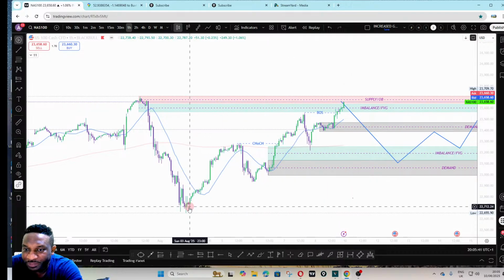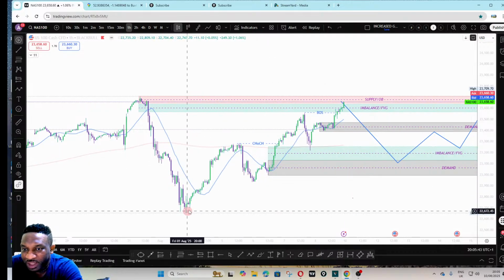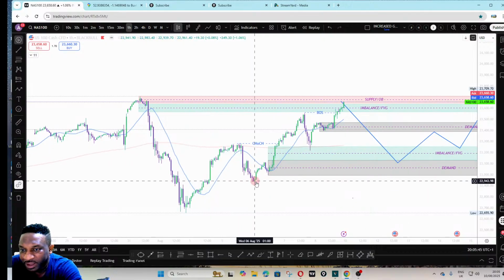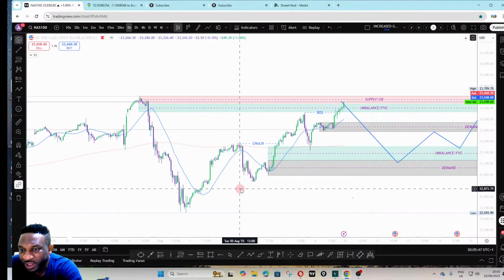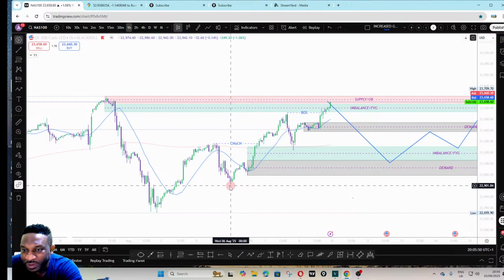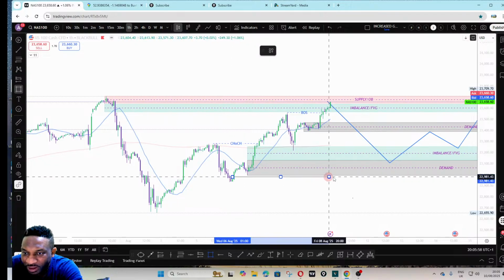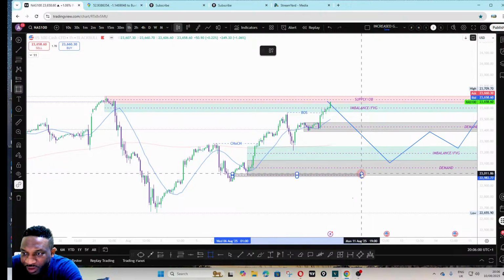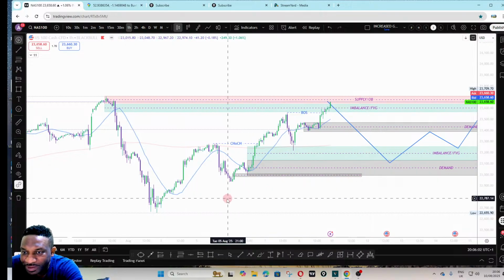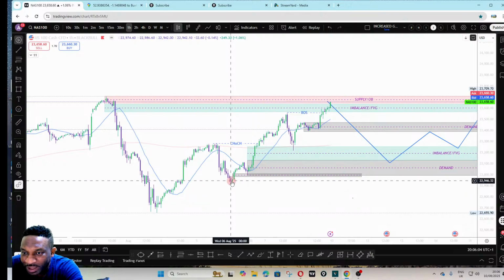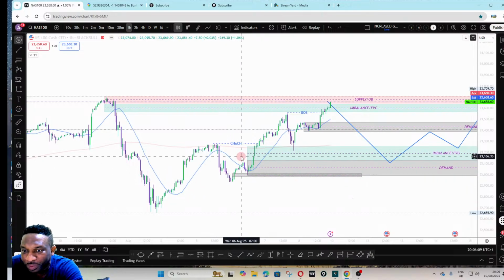Even there, this was the first leg, this is the second leg area. From this area, you could see how we had an imbalance created here. That is one of my entry models or entry signals. I want to see that there's an imbalance created as price began to push up.